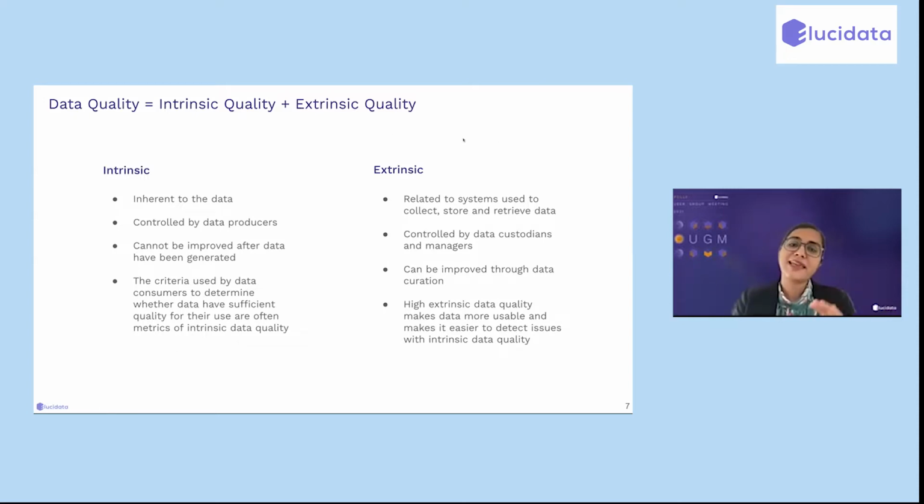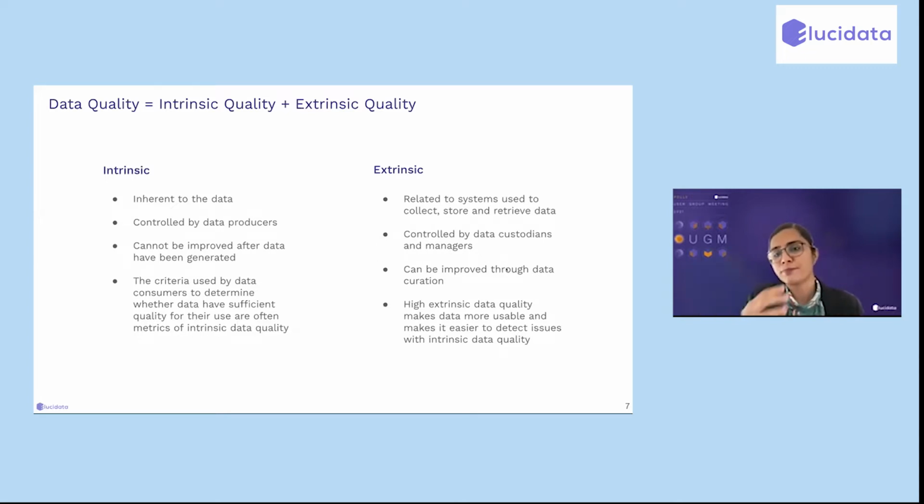On the other hand, extrinsic data quality is not about the data itself, but it's related to all of the systems that are used to collect, store, and get access to the data. And extrinsic data quality is something that is controlled and managed by data custodians and managers. So people like us who work with a lot of data, or in your organizations, if there are data teams, often the things that they will really control for are extrinsic data quality.